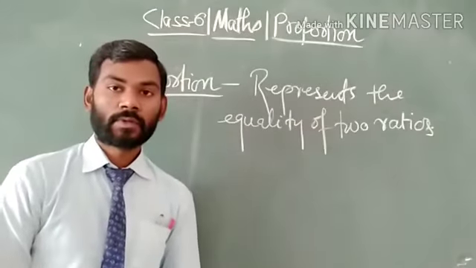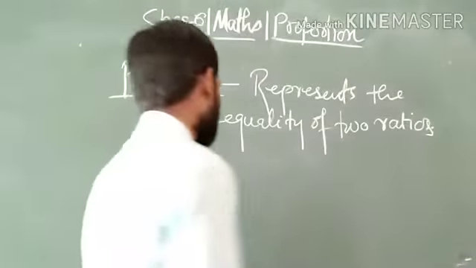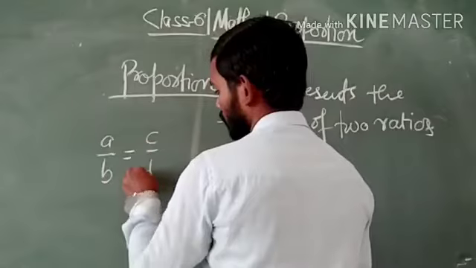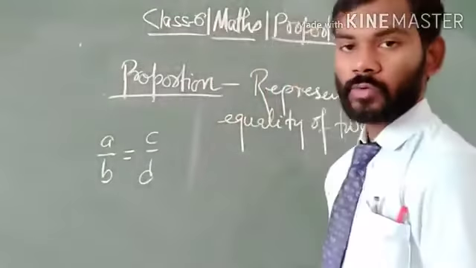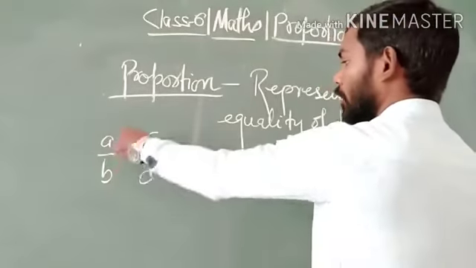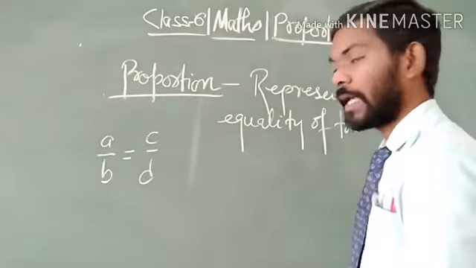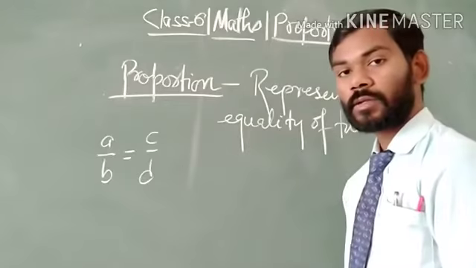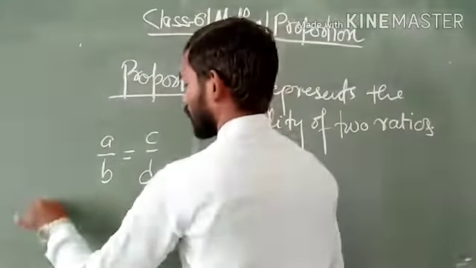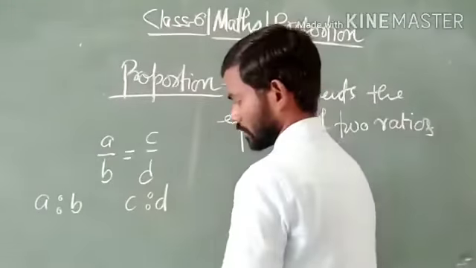When two fractions are equal, we write them like this: A upon B is equal to C upon D. If two fractions are equal, then we can write A upon B is equal to C upon D. As we know, fractions can also be written in ratio form like this: A ratio B and C ratio D.